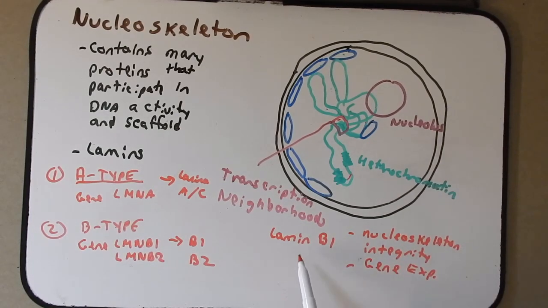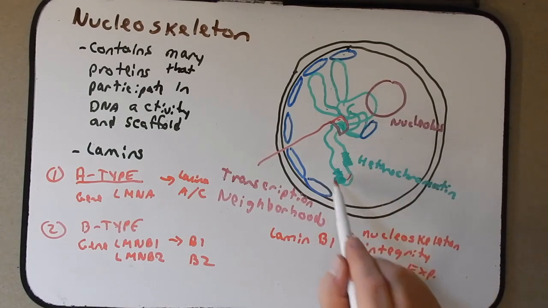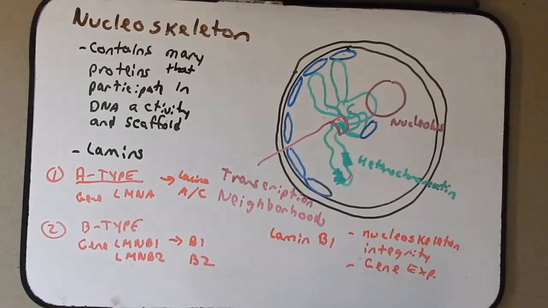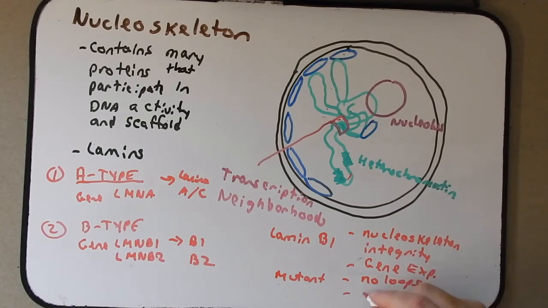We know this because if we mutate lamin B1, we no longer form these loops, no longer these attachment sites to the outside of the nucleus here, or the most inner side of the nucleus, I should say. And we see reduced gene expression. So in the mutant, we don't see loops, so no loops, and reduced gene expression.